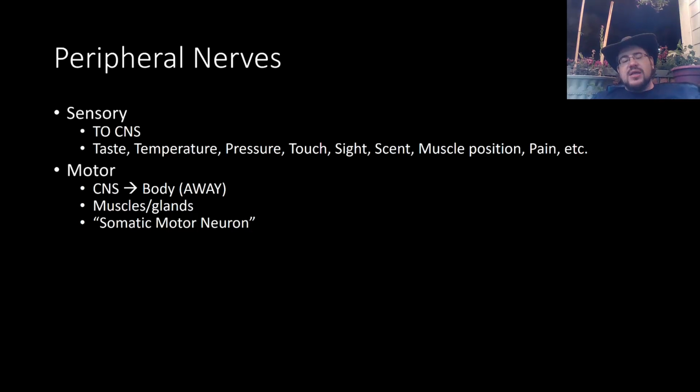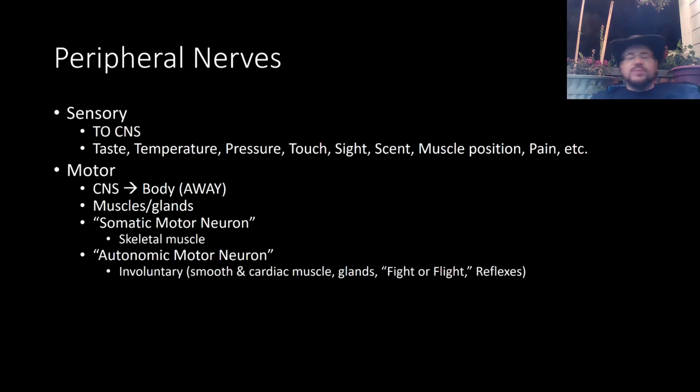We have the somatic motor neuron, which is connected to skeletal muscle. The somatic motor neuron is specifically connected to skeletal muscle. It provides you voluntary control. Versus the autonomic motor neuron, which provides involuntary control.